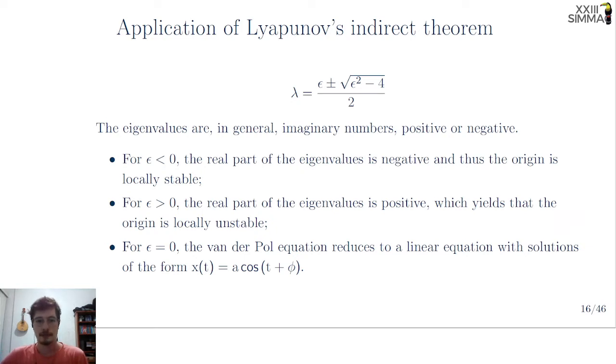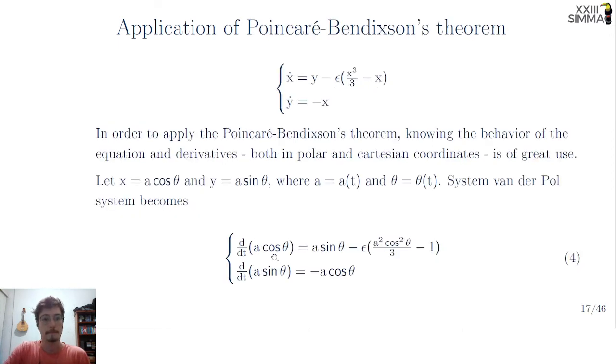For positive epsilon, the real part of the eigenvalues is positive, so the origin is locally unstable. And for epsilon equal to 0, the van der Pol equation reduces to a linear equation with solutions of this cosine form, where A is the amplitude and phi is a constant of phase, and they are both determined only by the initial conditions.